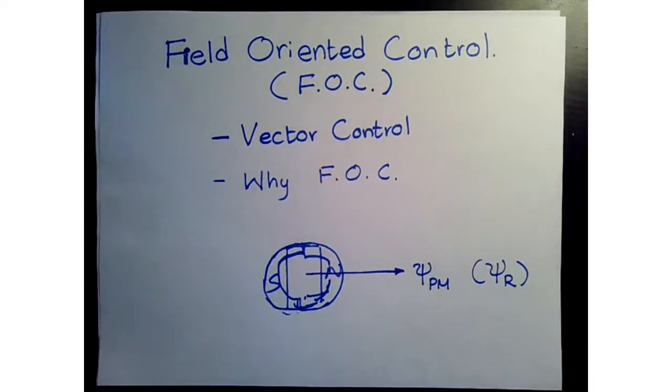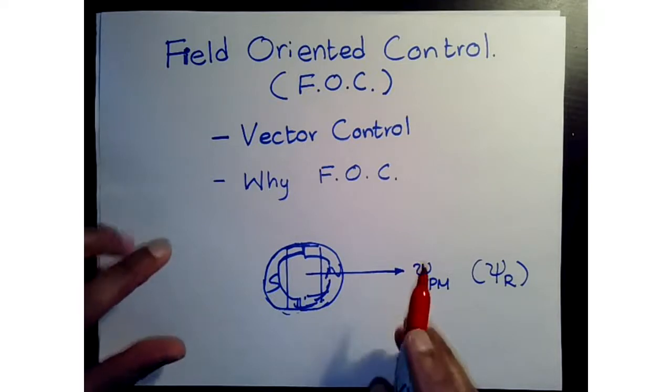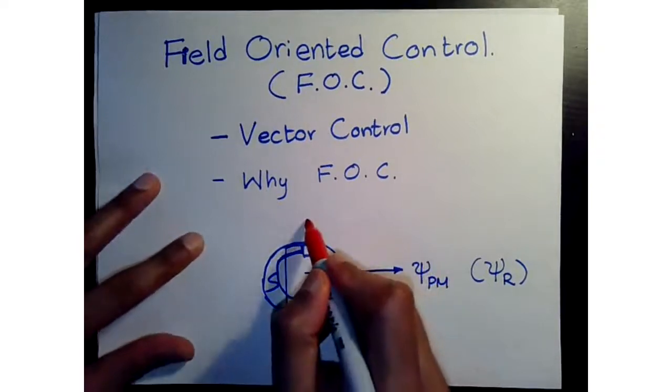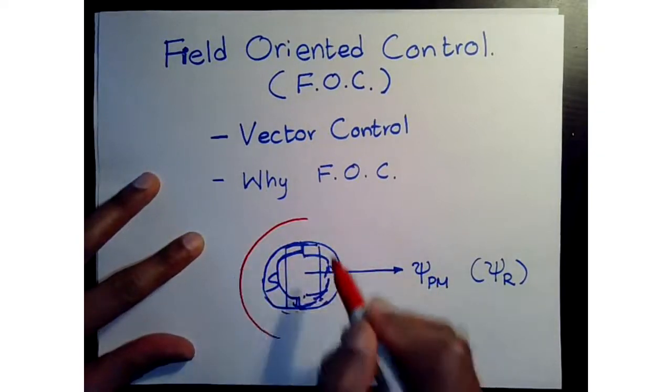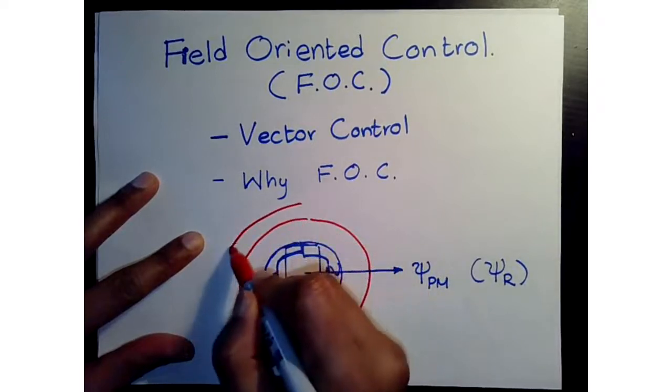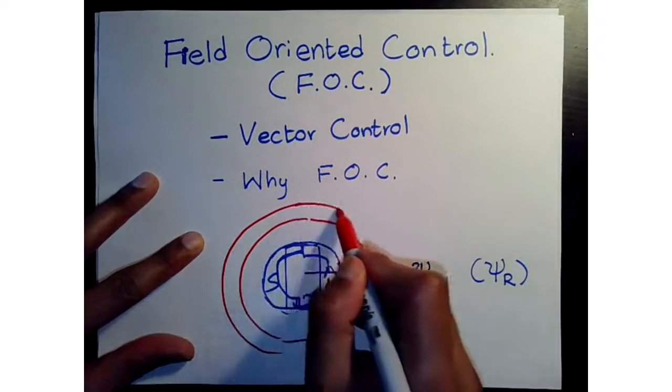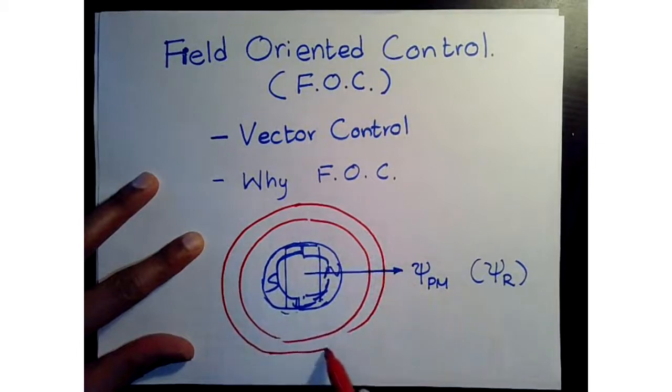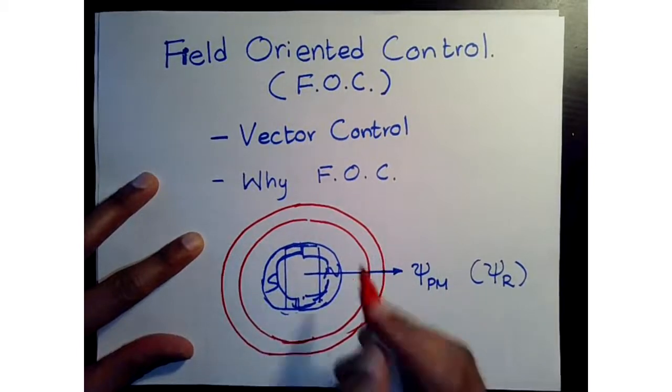Okay. Now, of course, in generating torque, we learned that we need another magnetic field which is established by the stator, right? So we'll use a different color here. You're going to have another flux vector like that.